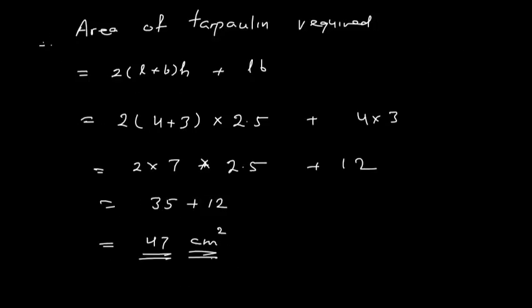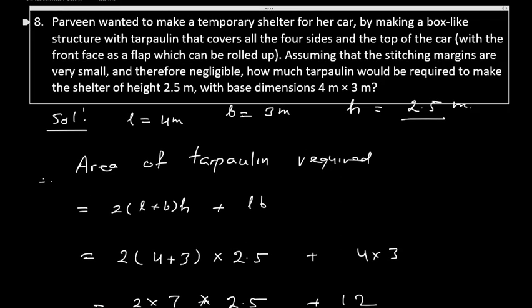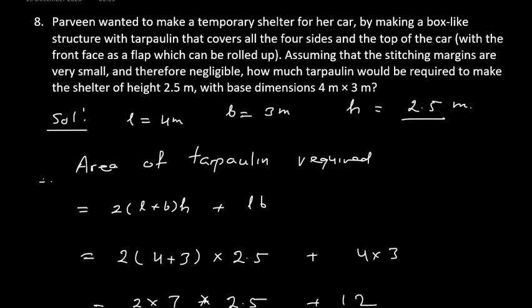So the area of tarpaulin required is 47 meters square. Simple question. Okay. So we will stop here. In the next class, we will see how we will calculate the volume. So we already know how to calculate, but we will see different problems related to the volume of cuboid and cube. Thank you.